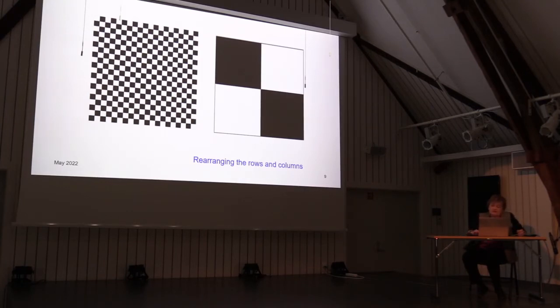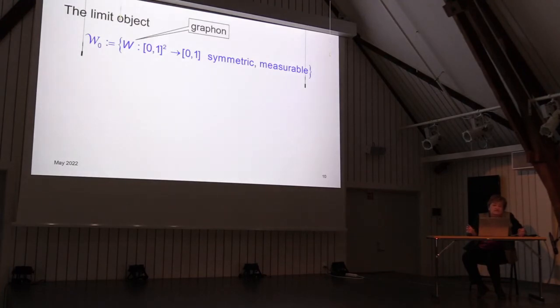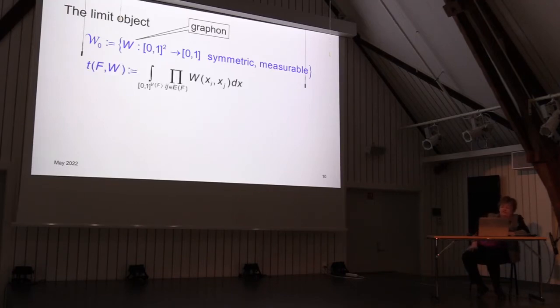So the limiting object, we will call it a graphon, is a symmetric measurable function, and for a graphon W, we can compute the density by doing this beautiful integration.